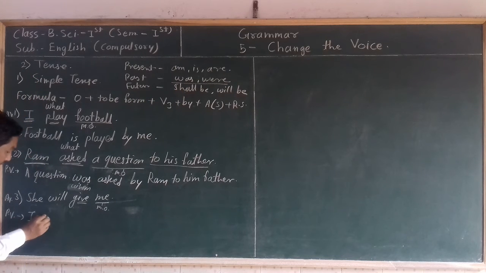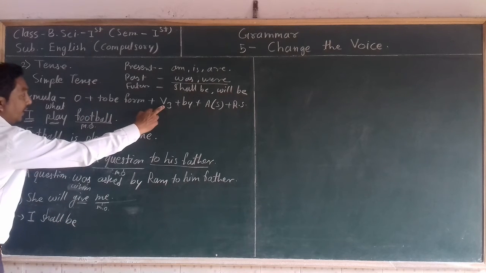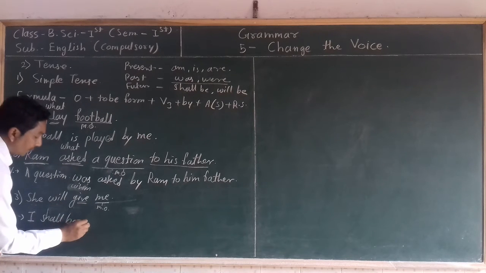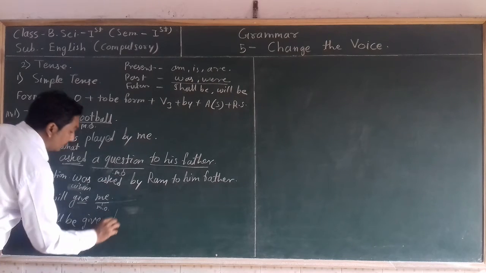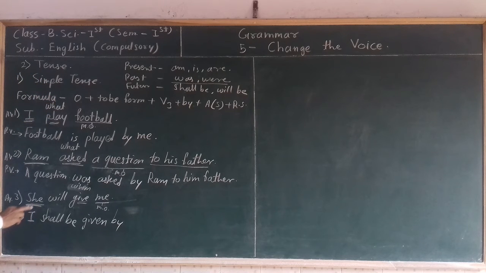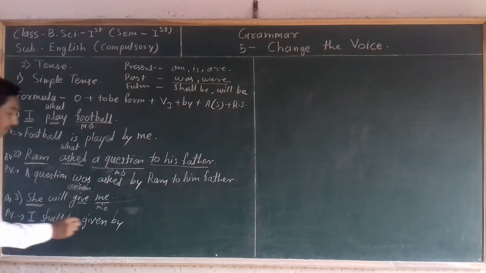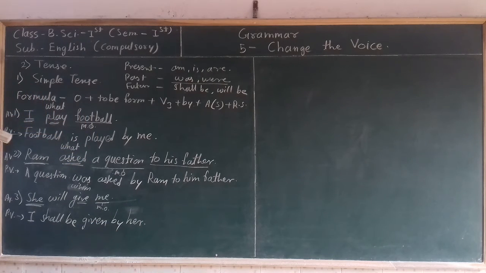We always use shall be. After that take V3, the third form of the verb, give, gave, given, then by, then the accusative form of the subject. So what is the accusative form of she? It is her. Then the rest of the sentence, the remaining sentence.